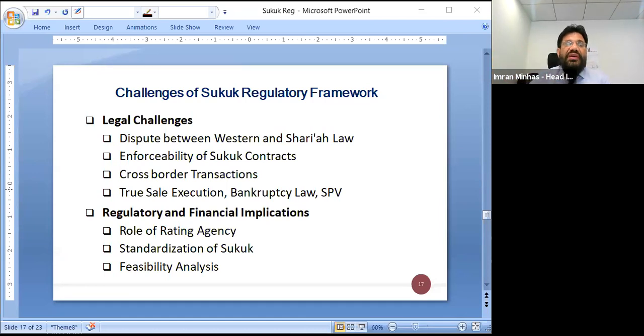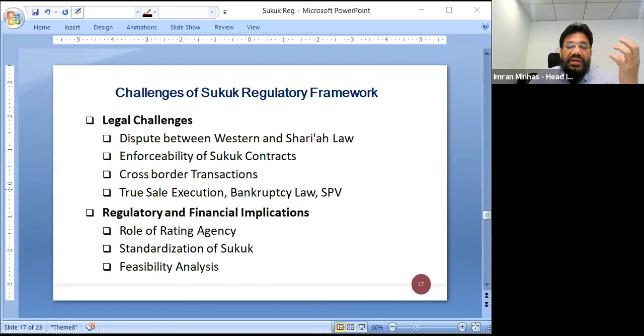So if you don't have a secured collateralized Islamic security, you cannot claim your right, because what we do, we do on paper again. So the SPV is bankruptcy remote.